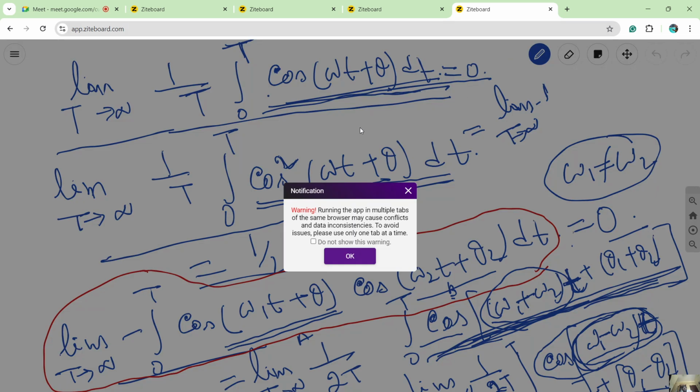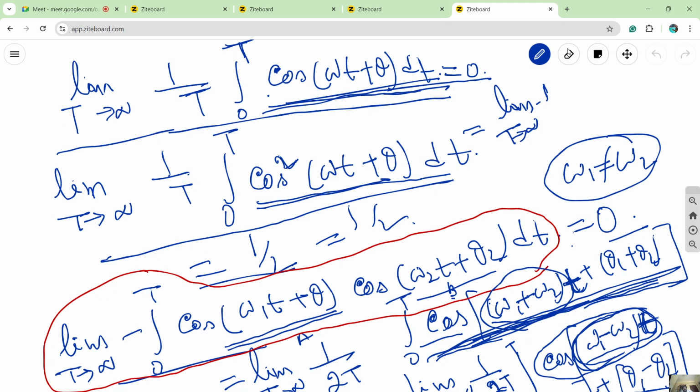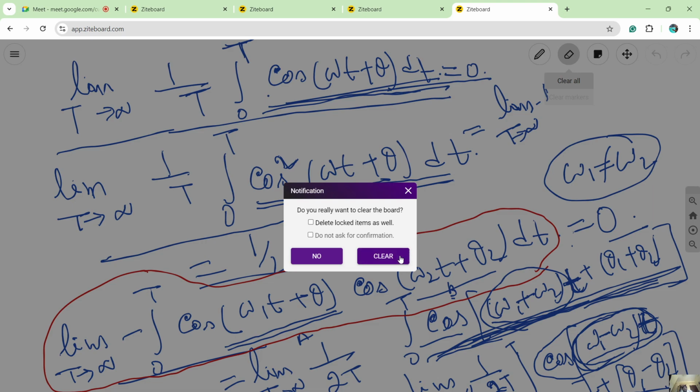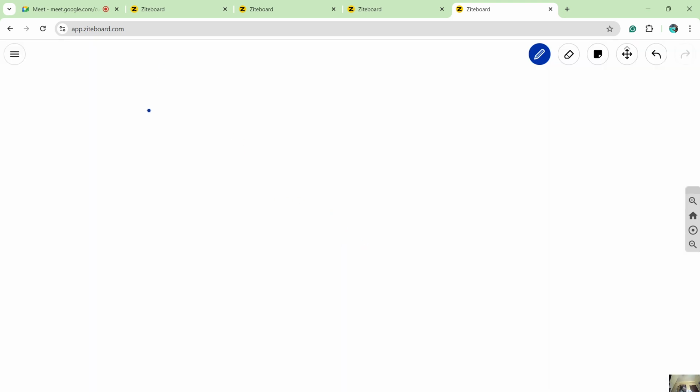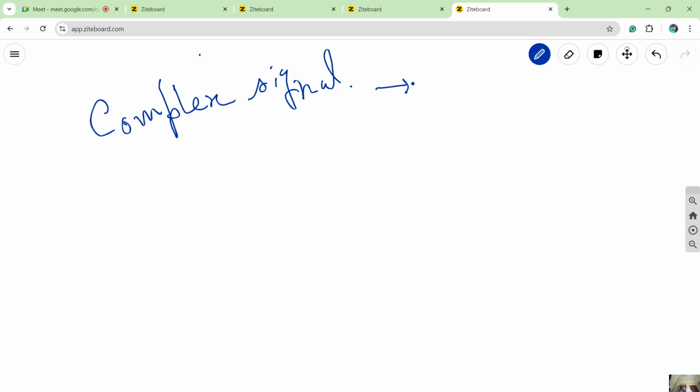So the fundamental thing is like this. Suppose you have a very complex signal in the time domain.